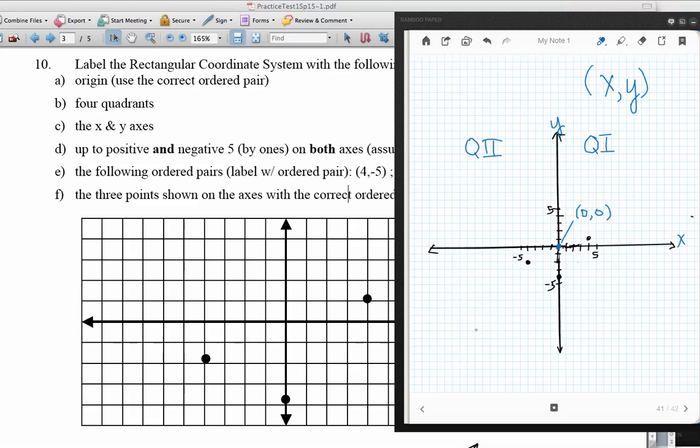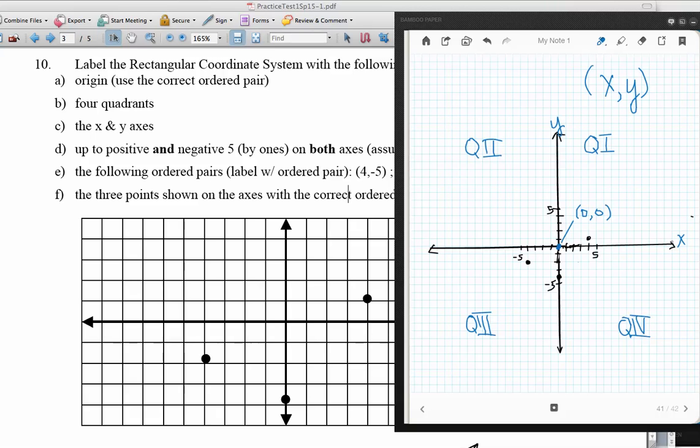And then down to Q3. No, sorry, I said Q4, not Q3. And then finally to the last one, Q4. Now remember that the Roman numeral for 4 is an I before a V because it's take away 1 from 5. So quadrant 1, quadrant 2, quadrant 3, and quadrant 4, counterclockwise from the upper right-hand corner.